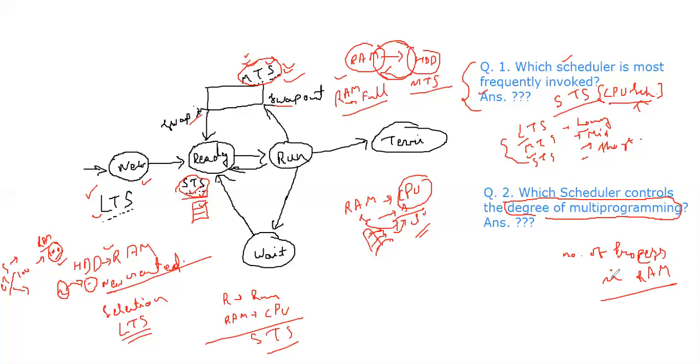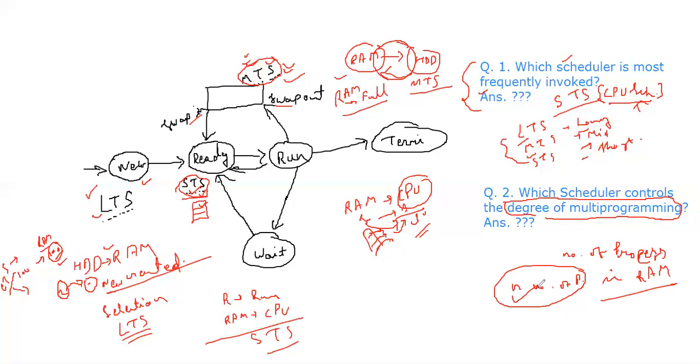Suppose I'm saying that in RAM I can hold n number of processes. So the degree of multiprogramming is n. Multiprogramming says how many programs my system can execute simultaneously, or how many programs it has the capability to execute.